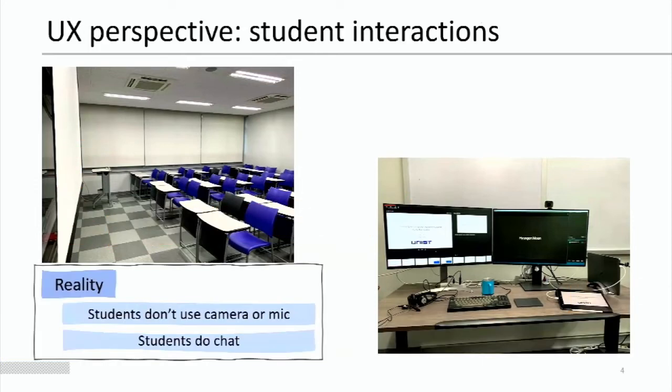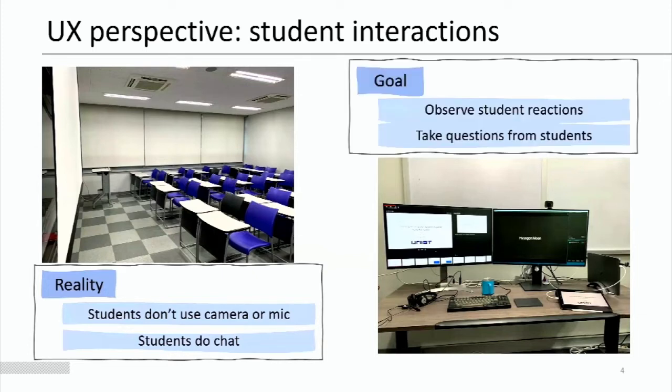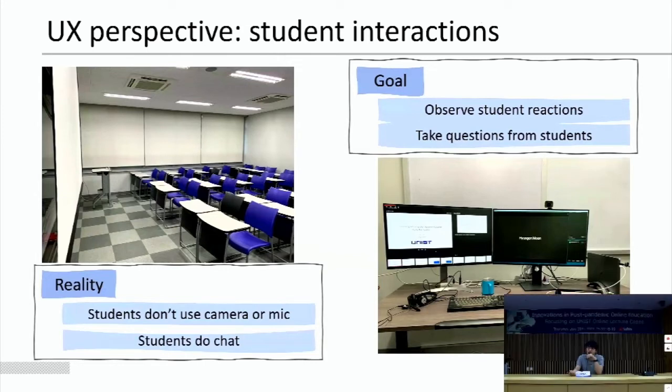But one potential limitation is from the student interaction UX perspective. To interact with students, lecturers really want to observe the students' reactions, like their facial expressions, whether they're looking at my slides or at their own laptops. And I also want to take questions from the students.